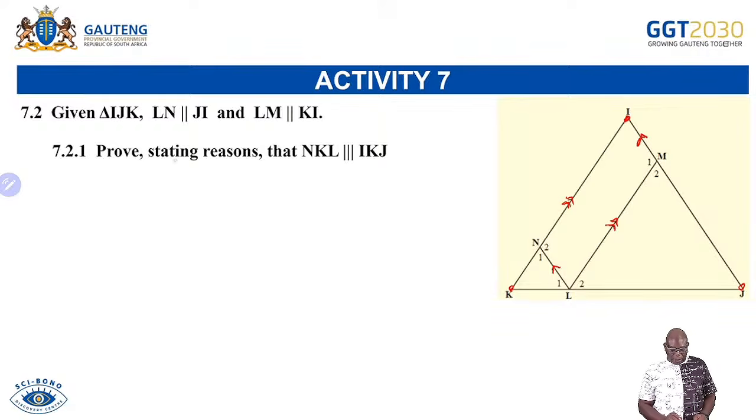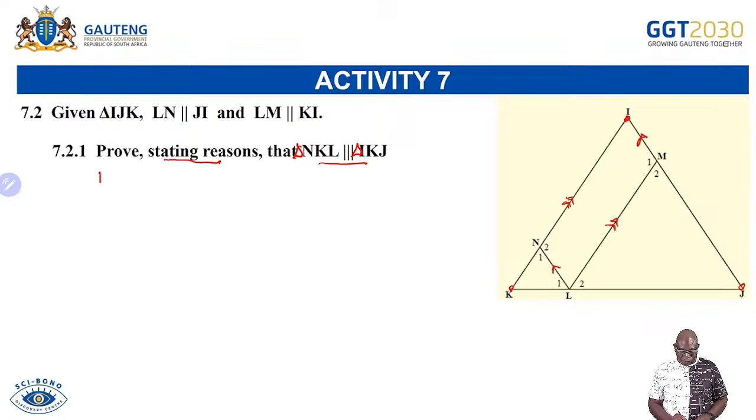Prove, stating reasons, that there's a triangle here, a triangle there, that the 2 triangles are similar. For them to be similar, they must be equiangular. In other words, their corresponding angles must be equal, and their sides must be in the same proportion. The easy way to do it will be with the angles.